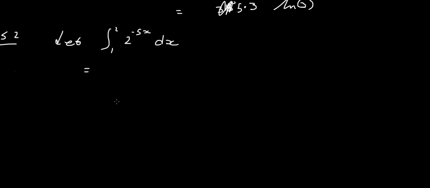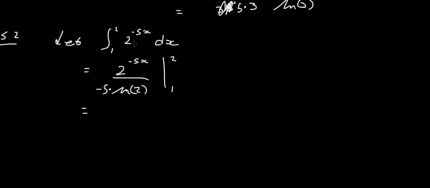Okay, the integral of a to the x is a to the x over ln a. So we've got 2 to the minus 5x over ln 2, and we've also got to put in our minus 5 at the bottom here. So that is our integral, and we need to evaluate that from the points 1 to 2.